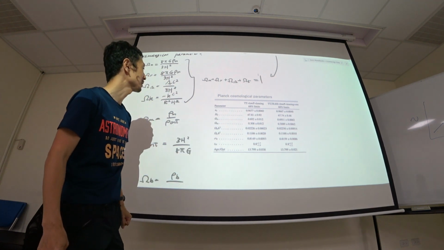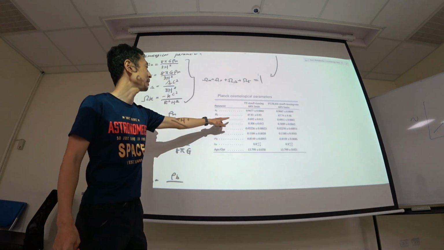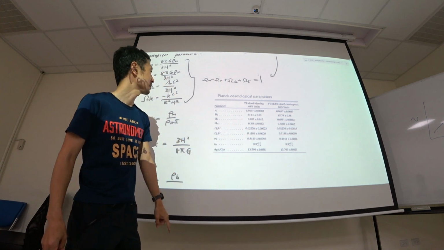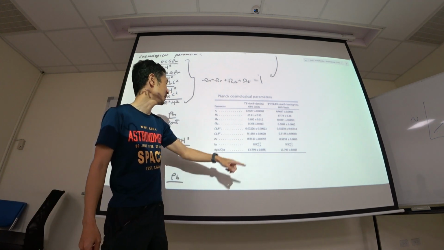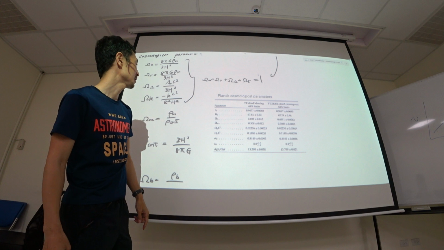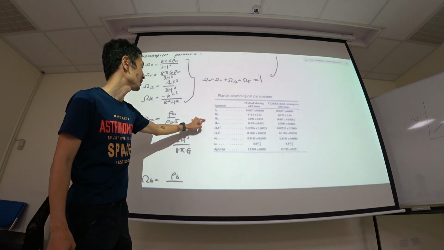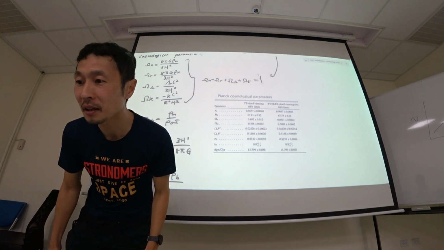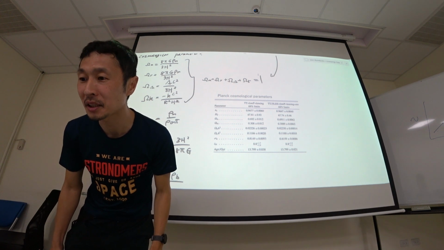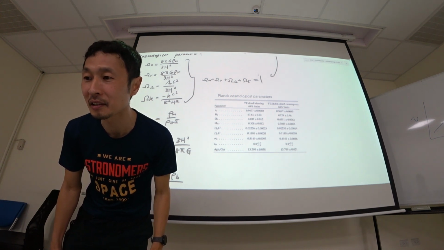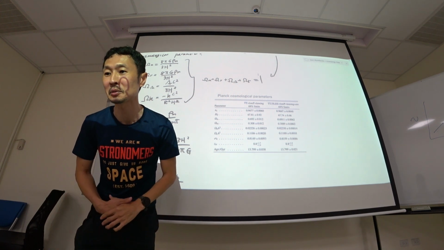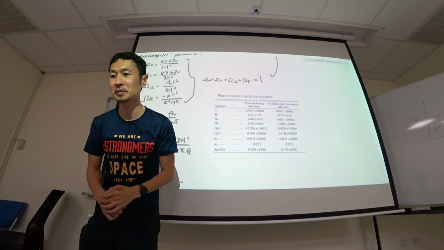Omega lambda is 0.7, omega matter is 0.3, and they don't even write omega curvature and omega radiation because they are very small.